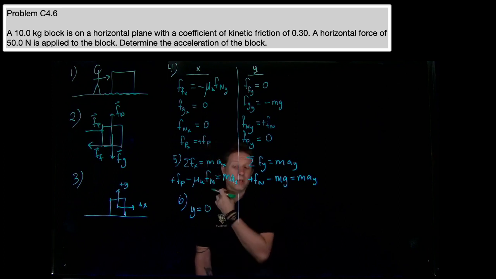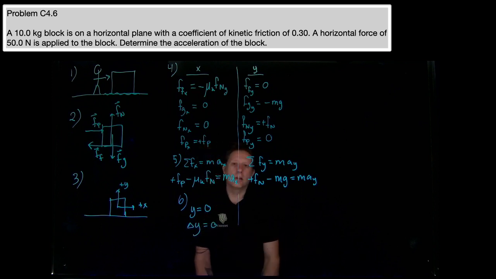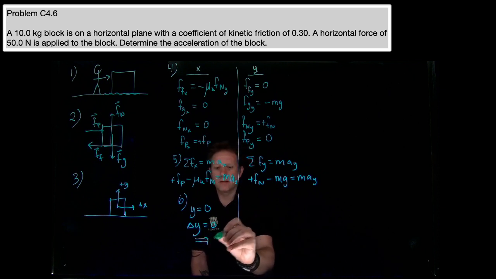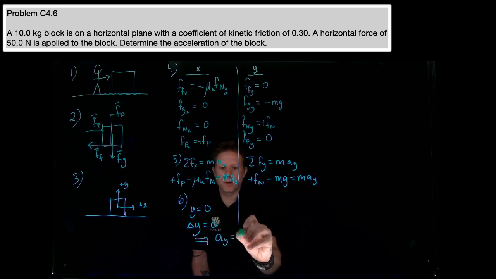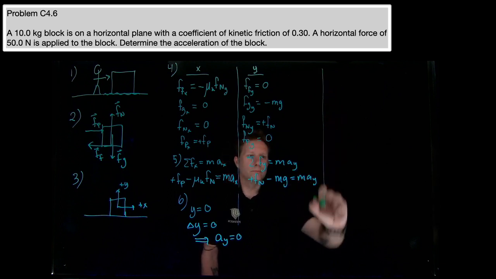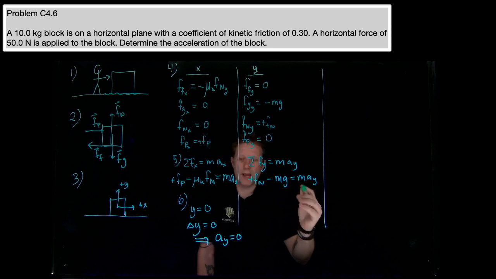So how do we say the y-coordinate of the box is equal to 0? That also implies that there's no change in the y position of the box, and that simply implies that the acceleration in y must be equal to 0. This is the third equation that will help us then solve for it. So now you can write it down again. The question is, can we solve it now? Yes, we can.